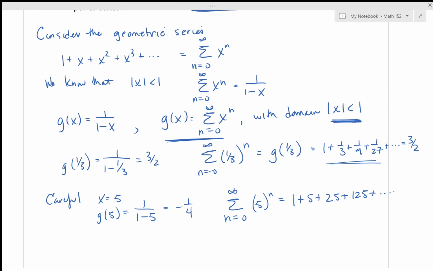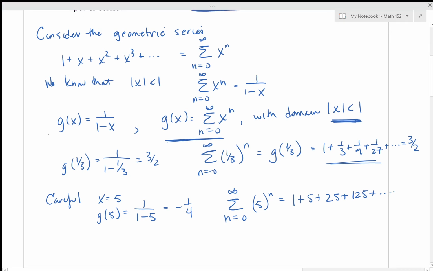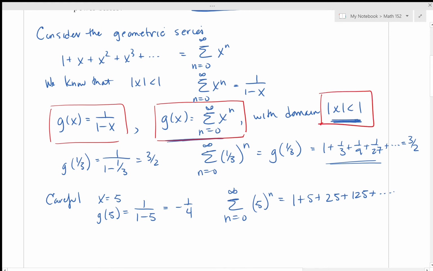So these two function representations for g of x will give you the same number when we are within the interval of convergence for the power series. Outside of that, we're going to have trouble understanding how this and this are related to one another. That is a key thing to be aware of.